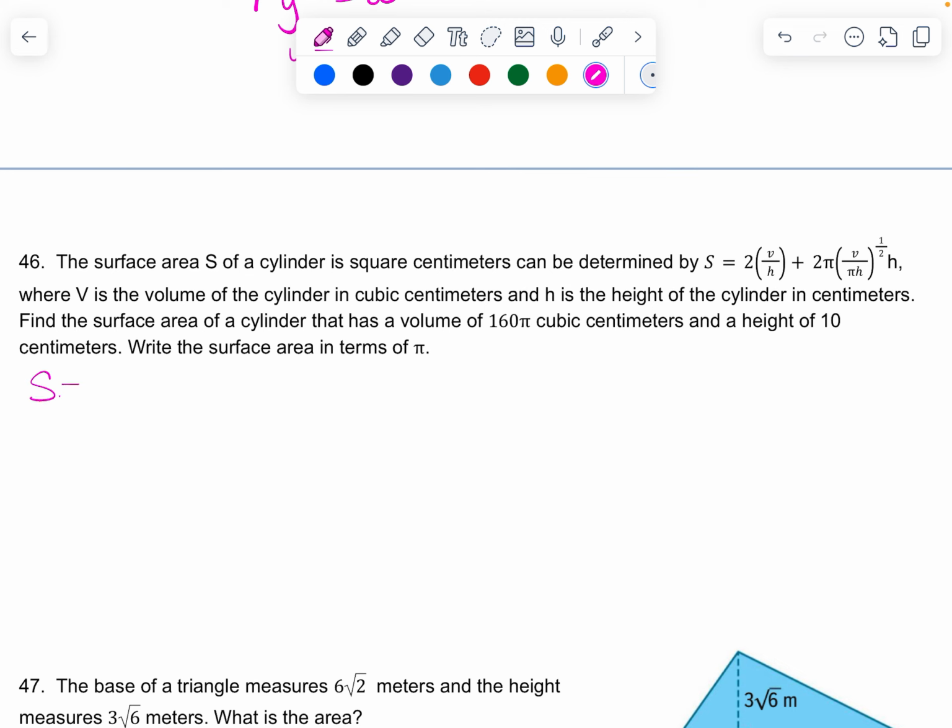So S equals 2. I'm replacing the V with 160 pi over pi, and then the height, which is 10, and that's to the 1/2 power, plus 2 pi, replacing the V with 160 pi over pi, and then the height is 10.